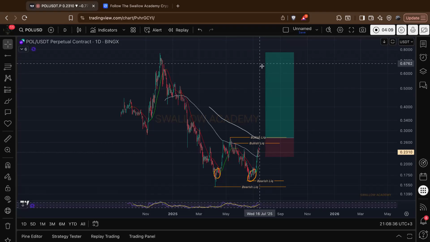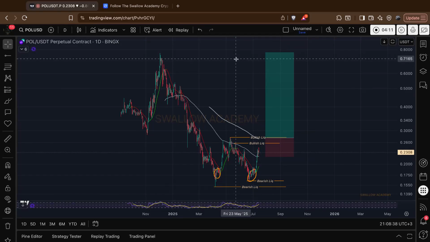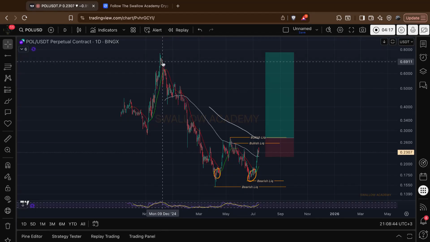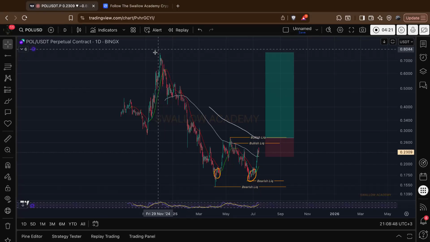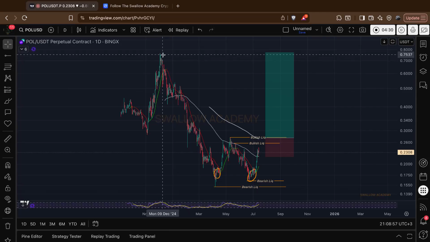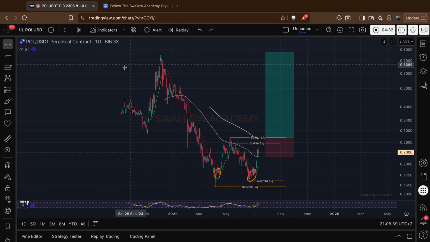But of course, if we see further movement and a full-scale bullish trend happening, then a new all-time high is most likely going to happen. And now, bear in mind, this is not an all-time high for the POL coin, because POL coin was previously the Matic coin and it had a brand switch or something like this, so the all-time high is way above this area.